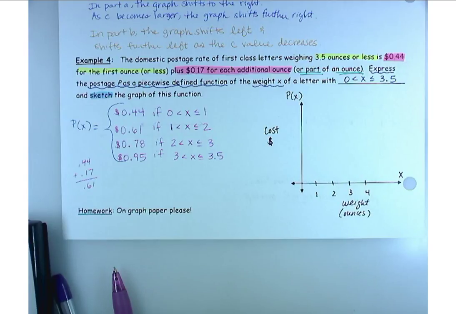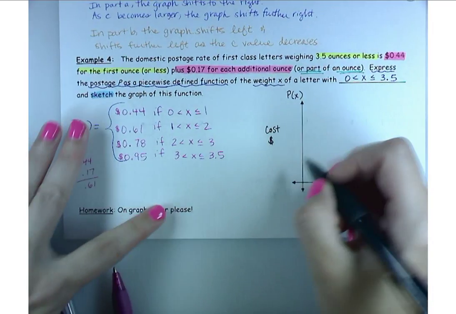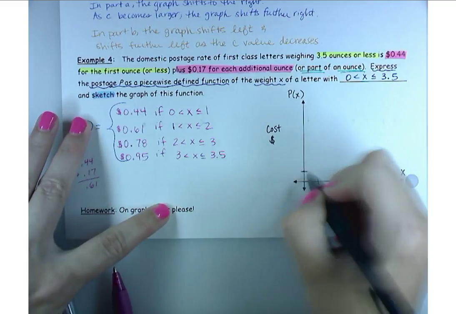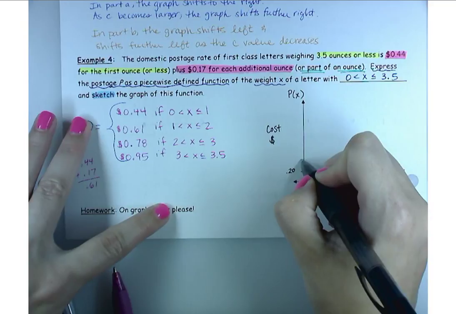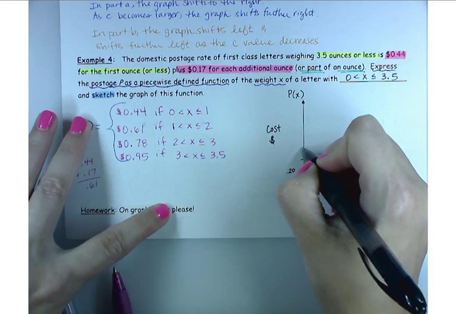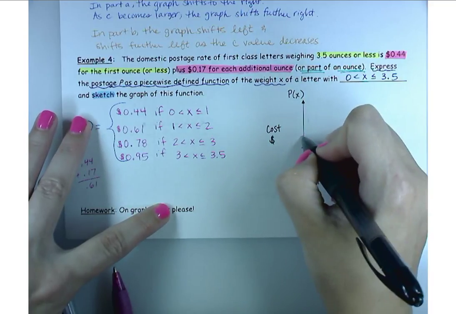I have to go up to $1, right? So what would be a good scale to go by? Yeah, we could go by 20-cent intervals. So 20 cents, 40 cents, 60 cents, 80 cents, $1.